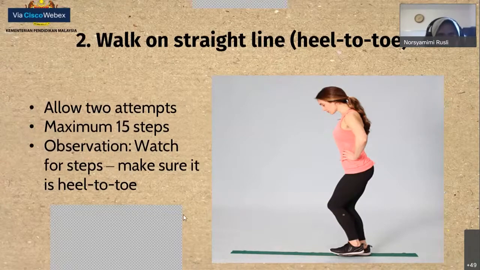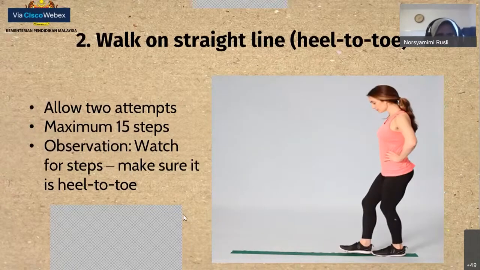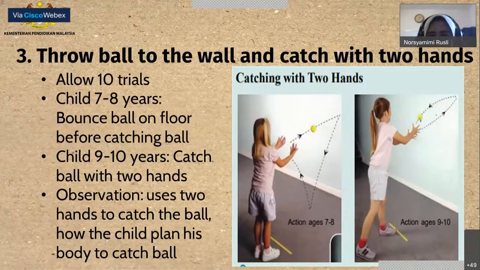Okay, next is throwing a ball to the wall and catching with 2 hands. We will do it in 10 trials. For children aged 7 to 8 years, usually they will bounce the ball on the floor before catching it.